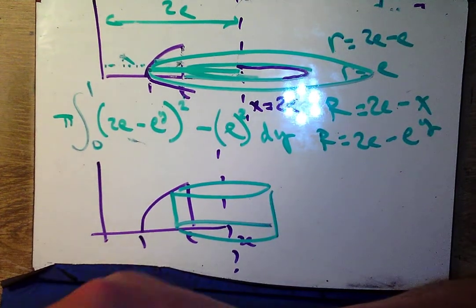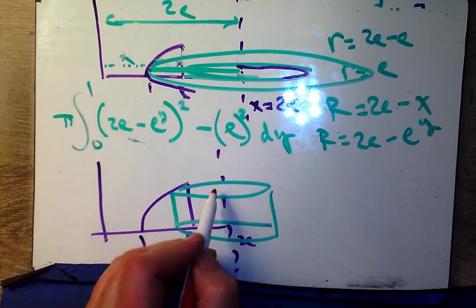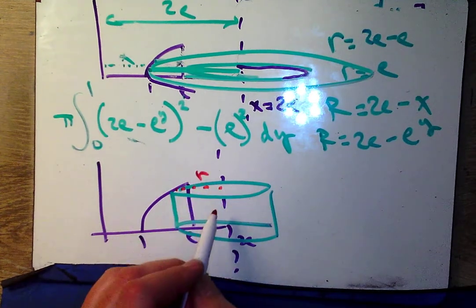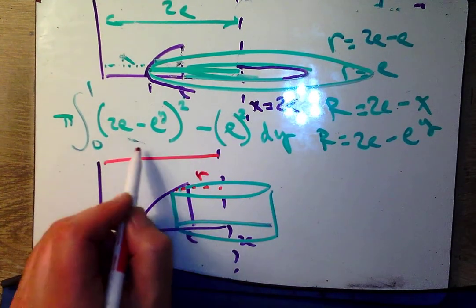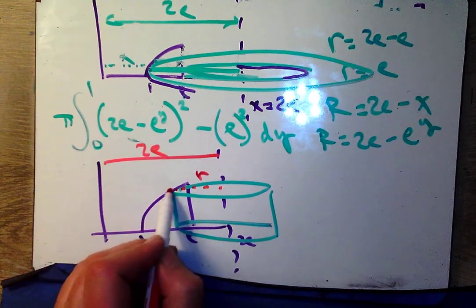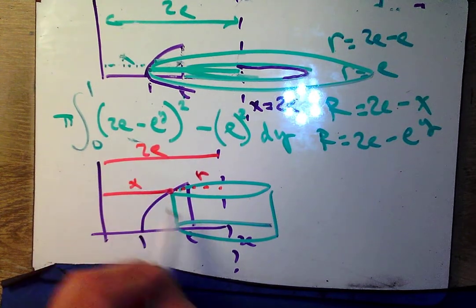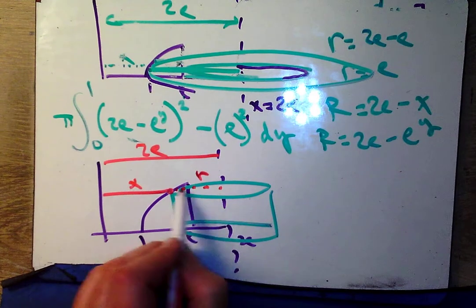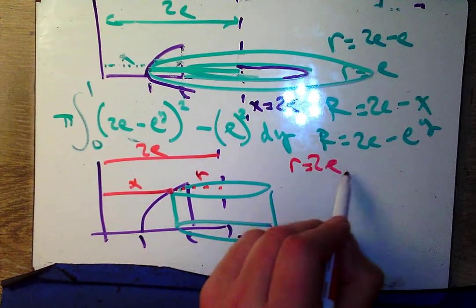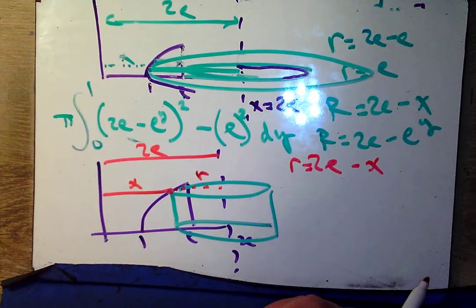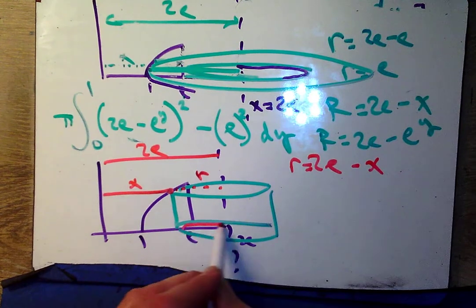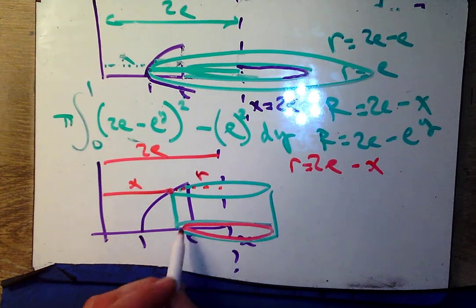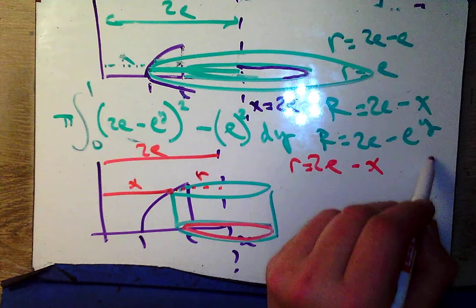So what can you say about radius? Well, this distance is 2e, and this distance is x. So little r is going to be 2e minus x. And that's okay because our thickness is horizontal, so we have a dx integral here.